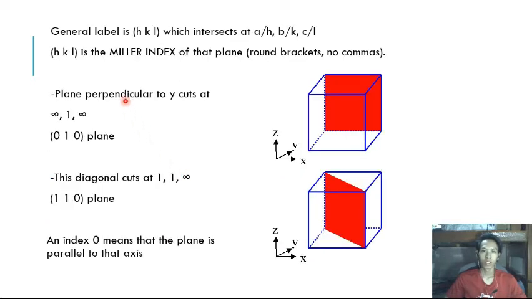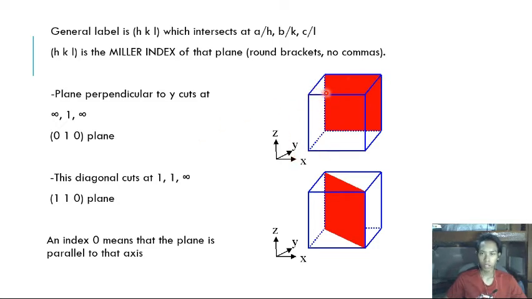The general label is HKL, where the intercept at A is H, B is K, and C is L. HKL is the Miller index of the plane, which we write in round brackets with no commas, just like this: (hkl).